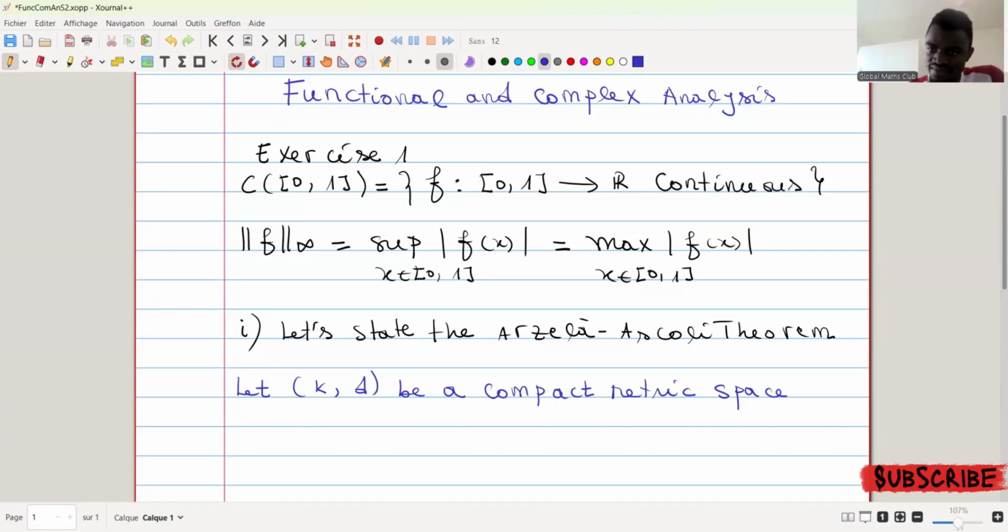Now, if you have this, let F, calligraphic F, be included in C(K). This is a family of functions.